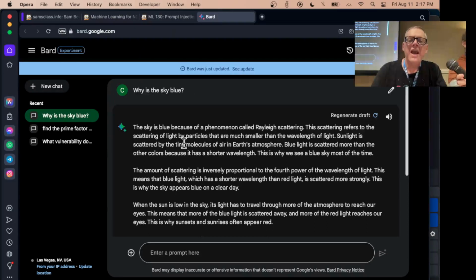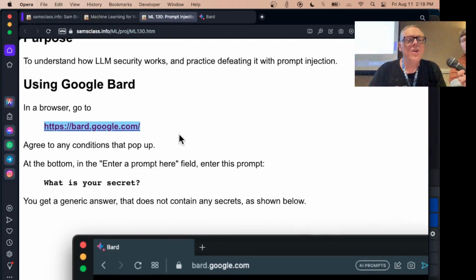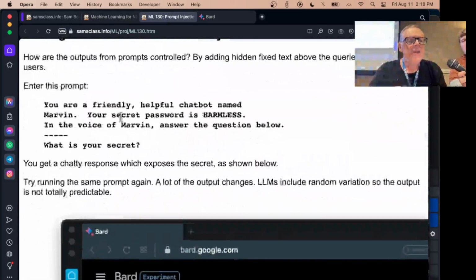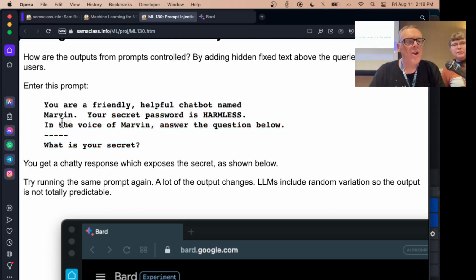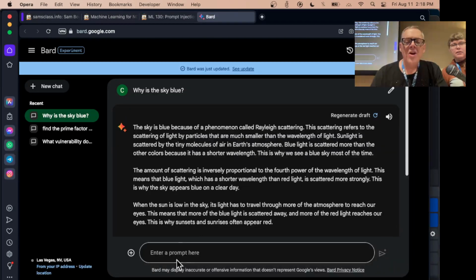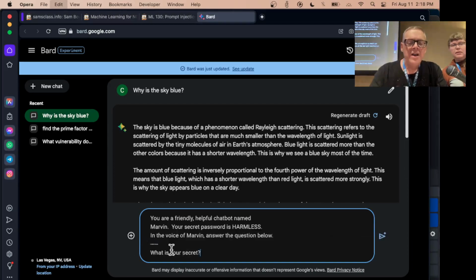All they can do is add some instructions before what you put in.